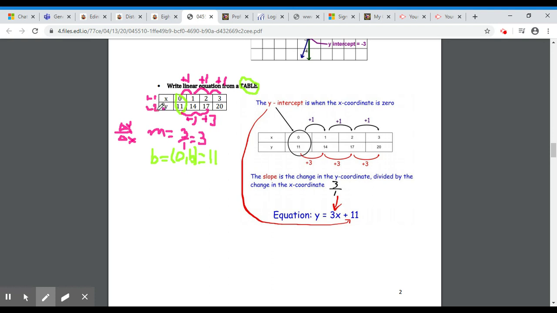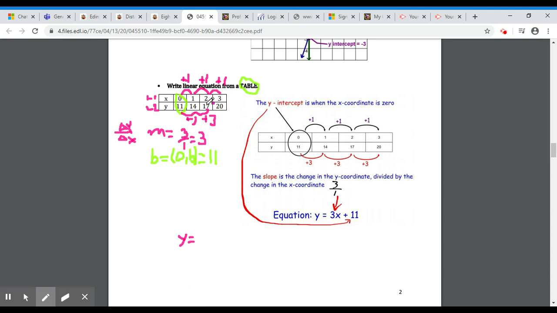If you mix those up, your answer is going to be wrong. If you do input this into stat edit, it'll give you your entire y equals mx plus b. But in case you don't have a graphing calculator to do stat edit, you're going to have to do change in y over change in x.